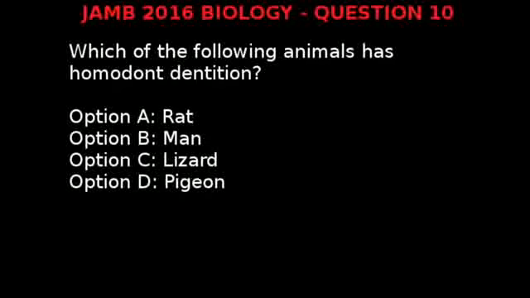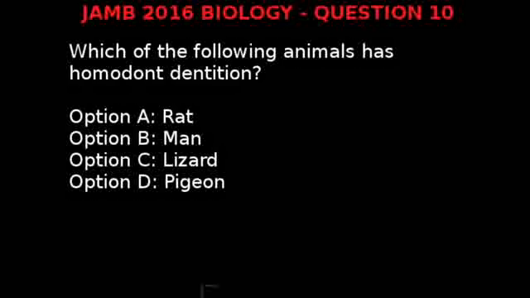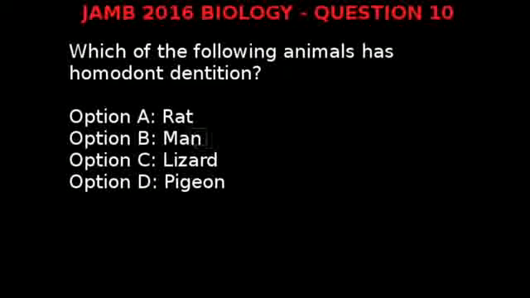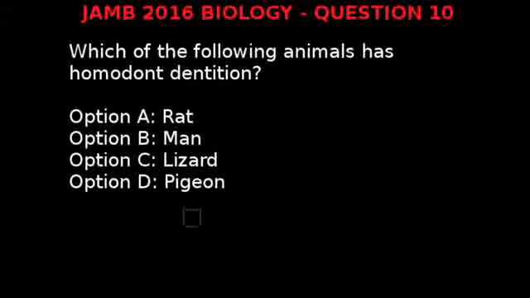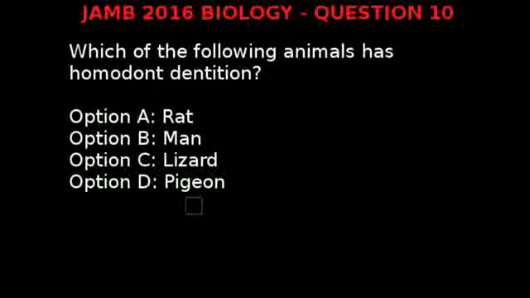JAMB 2016 Biology Question 10. Which of the following animals has homodont dentition? Option A, rats. Option B, man. Option C, lizard. Option D, pigeon. To answer this question, let's take a look at what homodont dentition is. Homodont dentition is a type of teeth arrangement in which the teeth have the same size and shape and perform the same function.